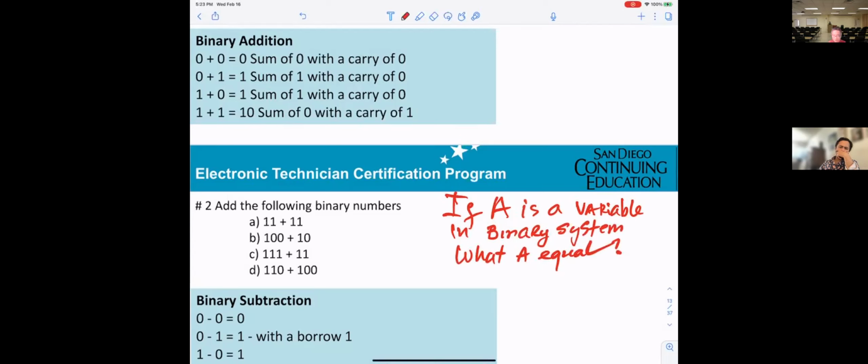You have to tell me. One or zero. Equal what number? One or zero. Exactly, 1 or 0.